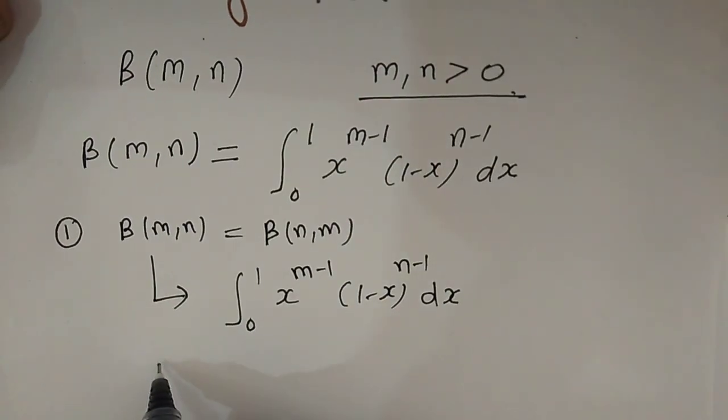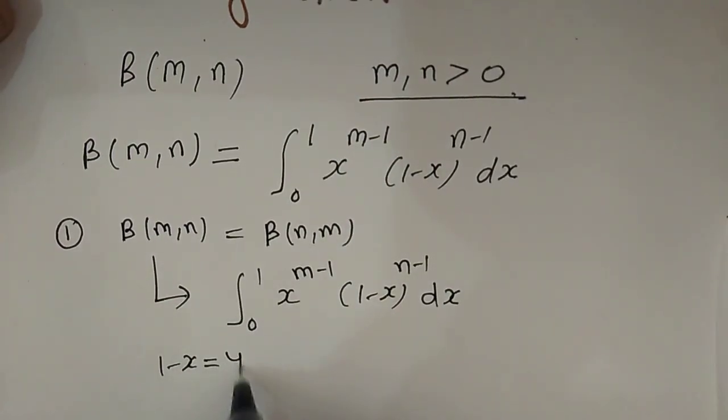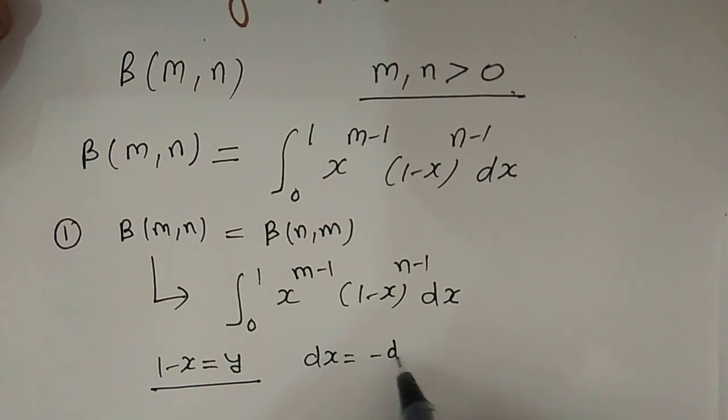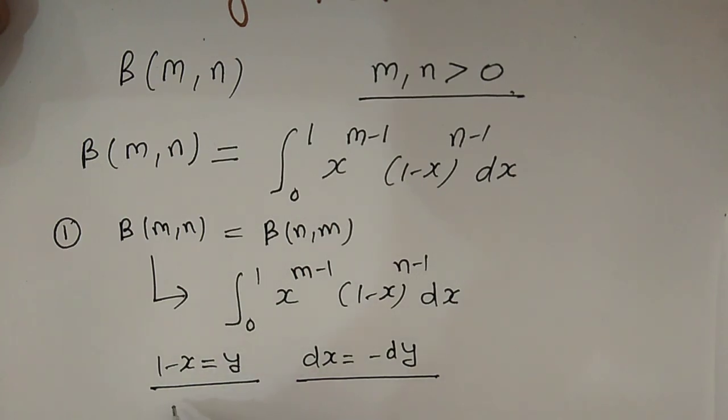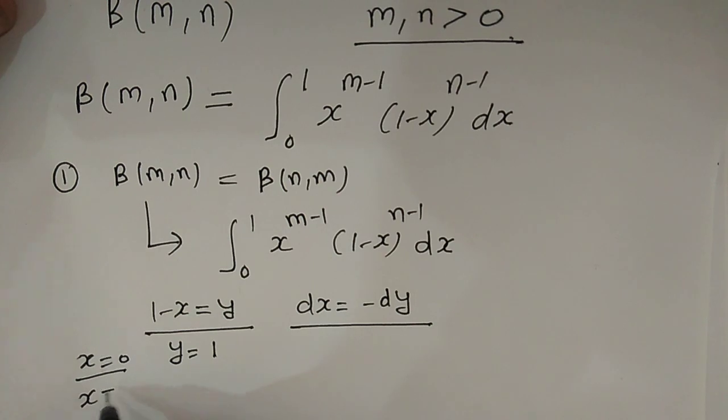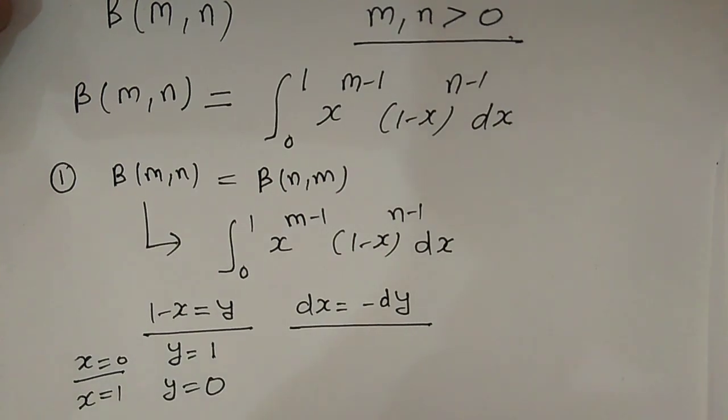Now if I take 1 minus x equal to y, so dx equal to minus dy, and the limits: when x equal to 0, y equal to 1, and when x equal to 1, y equal to 0.